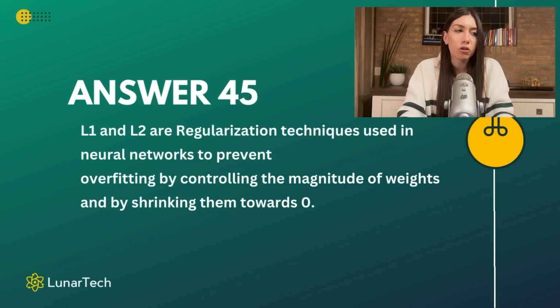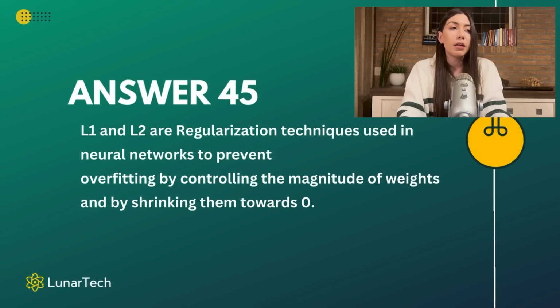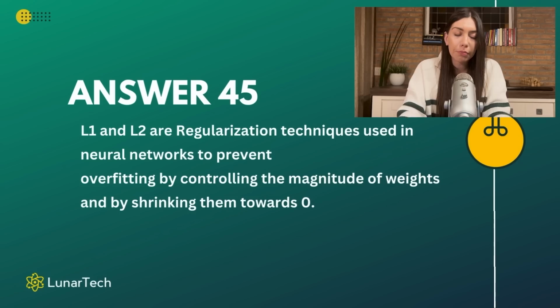L2 regularization is also referred to as ridge regression, and L1 regularization is also referred to as lasso regression. What L1 regularization does is add a penalization factor based on the penalization parameter lambda multiplied by a term based on the absolute value of the weights.